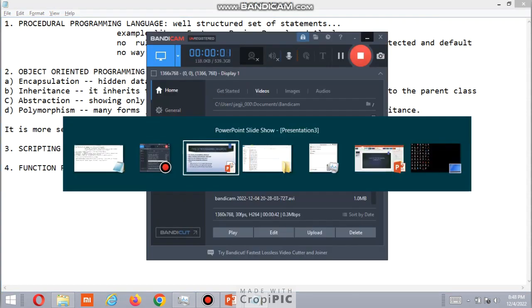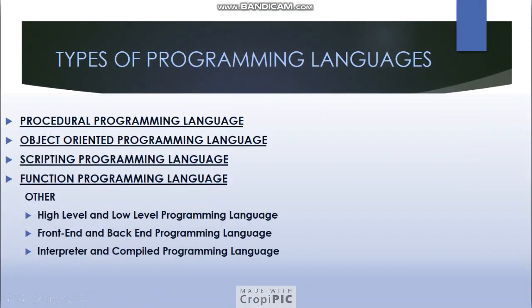Back to our topic. So these are the other language categories: high level and low level programming language, front end and back end programming language, interpreted and compiled programming language. Let's start from the front end and back end programming language.